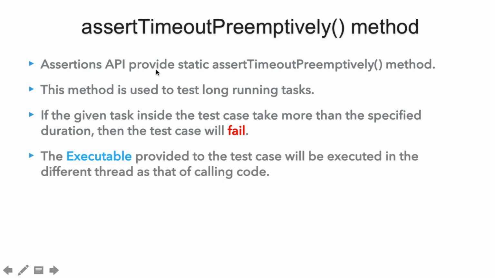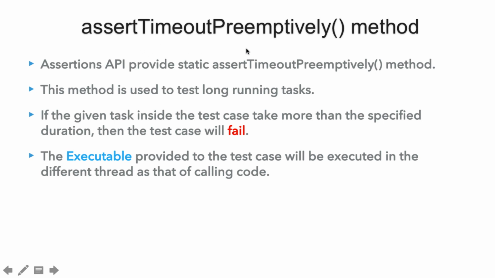The only difference between assertTimeout and assertTimeoutPreemptively is that in assertTimeout, the executable which we provided gets executed in the same thread as that of the calling code, which is nothing but our test case.